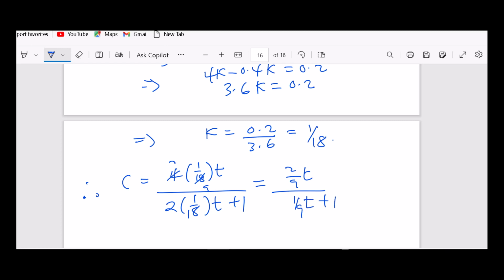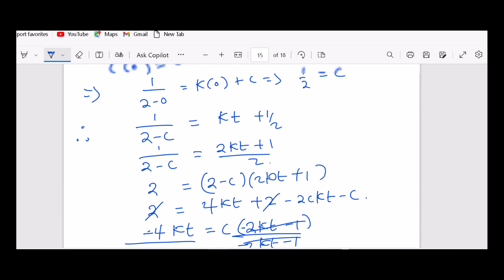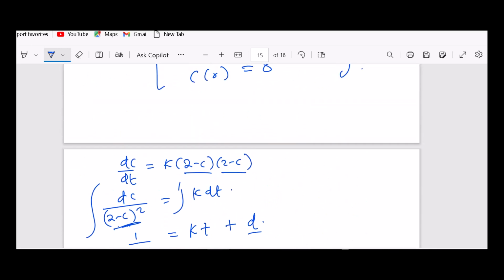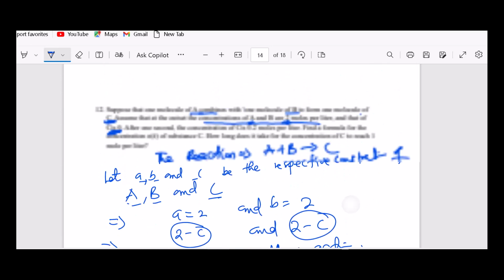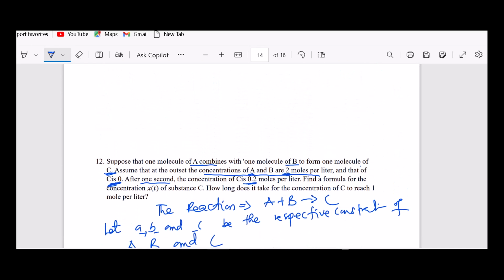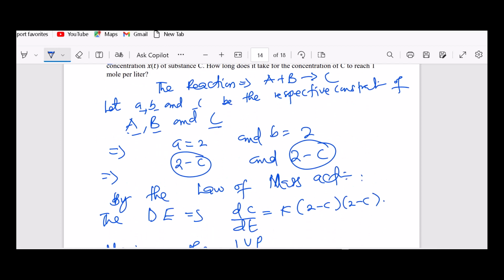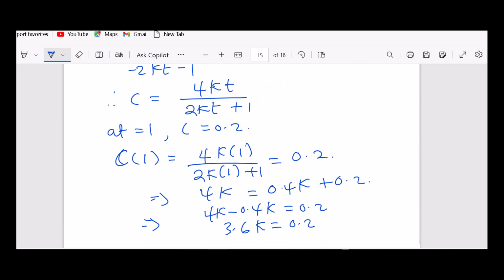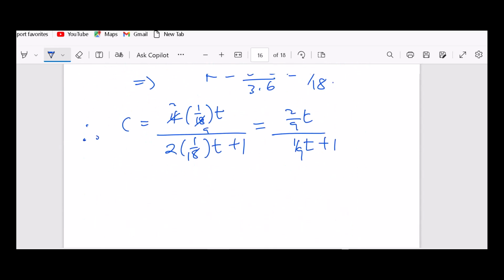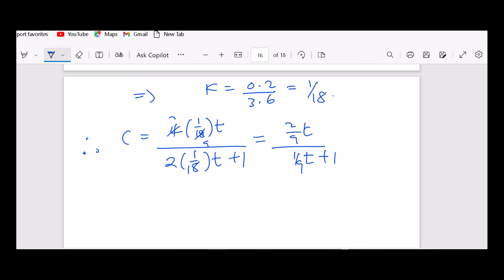Okay, so let's see, they are saying how long does it take for the concentration of C to reach 1 mole per liter? Find the formula for the concentration, and how long does it take to reach 1 mole per liter? So we will have to find at what time C equals 1.